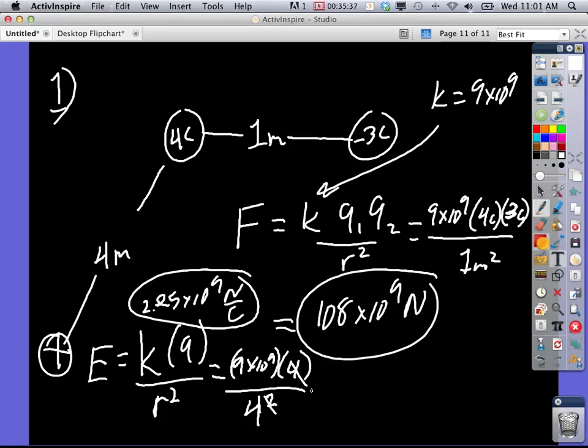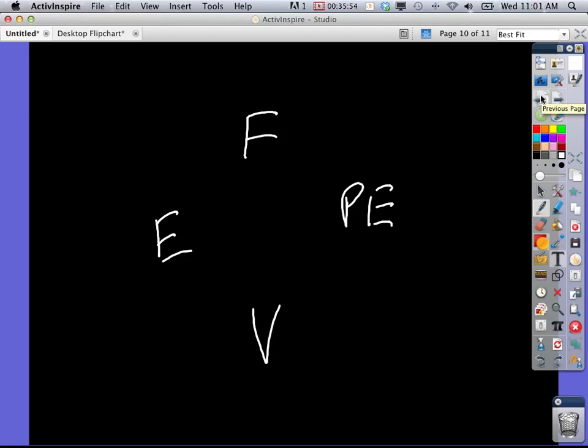So those are 2 problems that you could have had. The other problem that I could give you is, finally, give me the electric potential at that point. Because remember, the equation for electric potential comes out to be this.